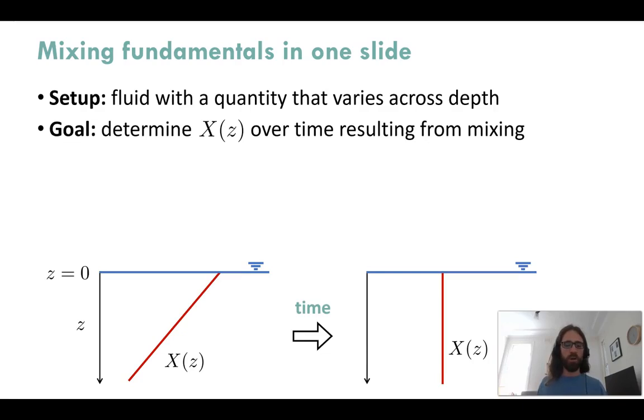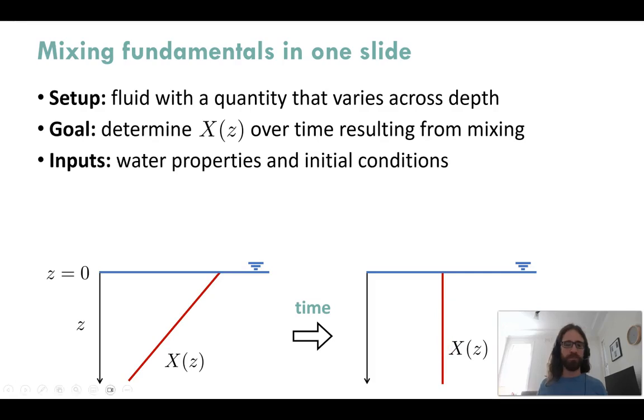The goal that we have is to determine how this difference in the quantity over depth is going to vary in time, and specifically how this gradient is going to weaken through a mixing process and eventually lead to uniform or full mixing.